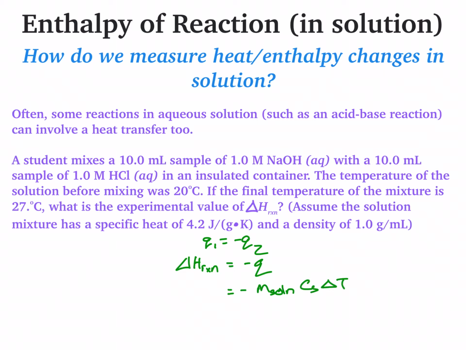The reason I can do that is because I have 10 milliliters and 10 milliliters, which means 20 milliliters. If the density is 1 gram per milliliter, then that's going to be 20 grams that I'm using in my solution. Specific heat is 4.2 joules per gram Kelvin, and in terms of temperature, actually, I'm going to change that to degrees Celsius.